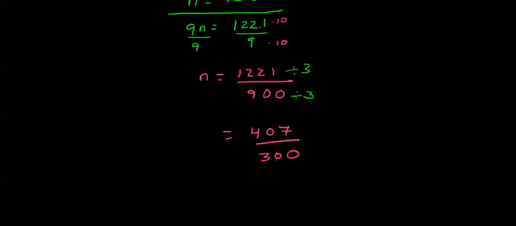And the only numbers that go into 300 are 2, 3, and 5, the only prime numbers. I can't simplify. This is the answer you should have gotten. If you got this answer, that's pretty good. You know what you're doing, but remember to simplify.